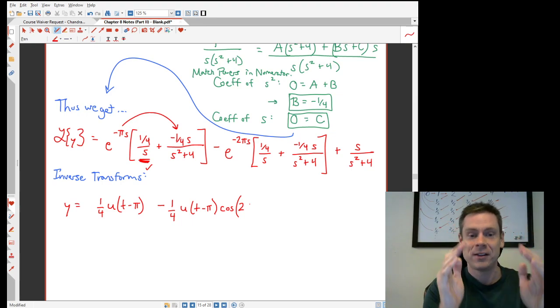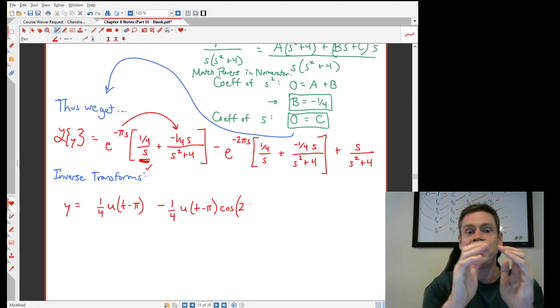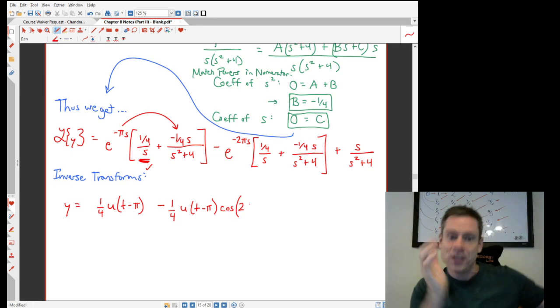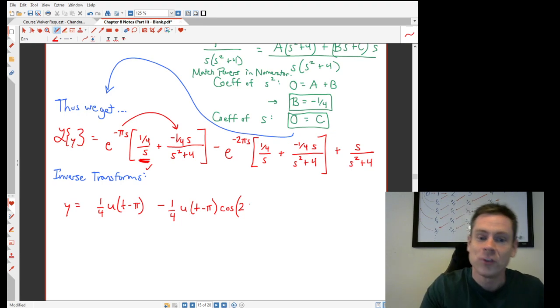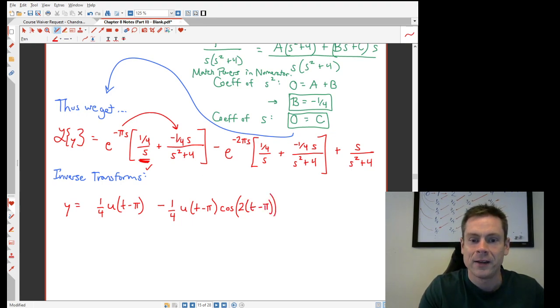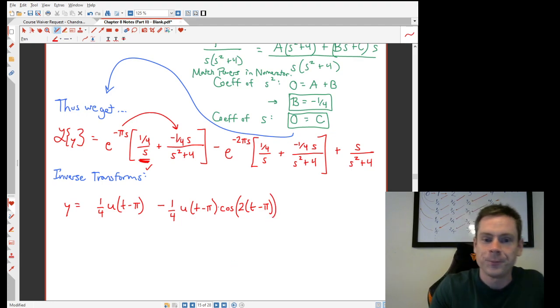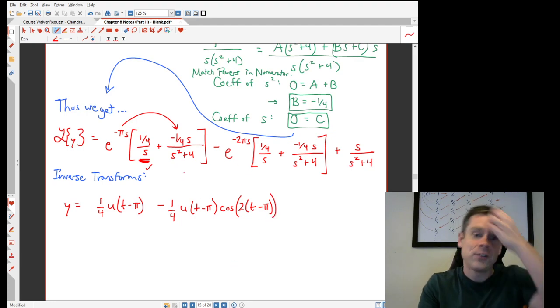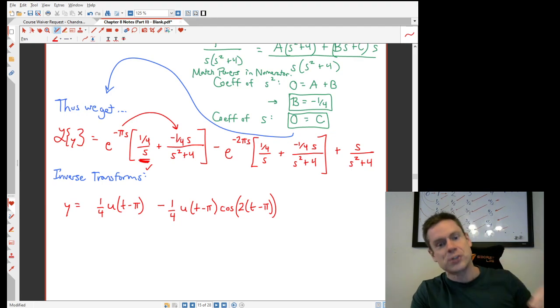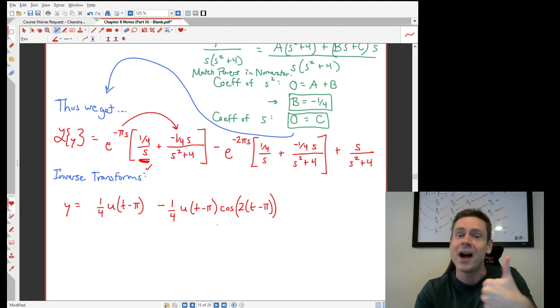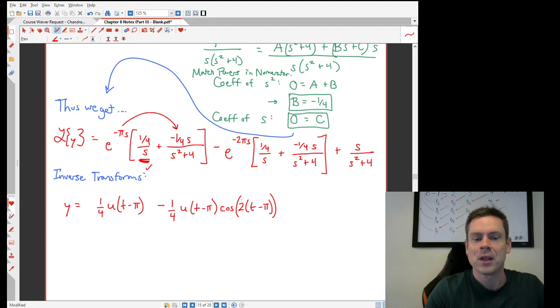You have to take that 2t and shift the t to match the u. That's from the last lecture, from using that formula. So I get 2 times t minus pi instead of just a 2t. Okay, so that's how that works. If you need to review how that works, don't hesitate. Go back, watch that last lecture, make sure you master that, and then come back and be like, I get it. Okay, let's keep going.